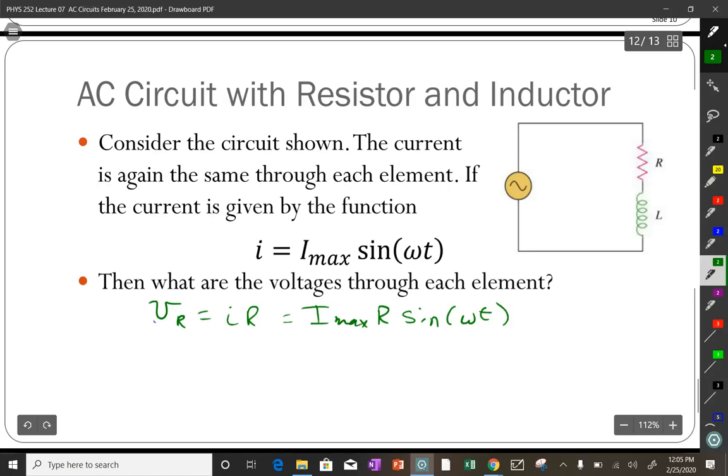Okay. Now for the inductor, that's going to be L dI/dt.